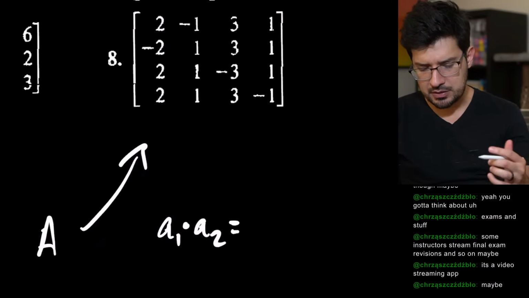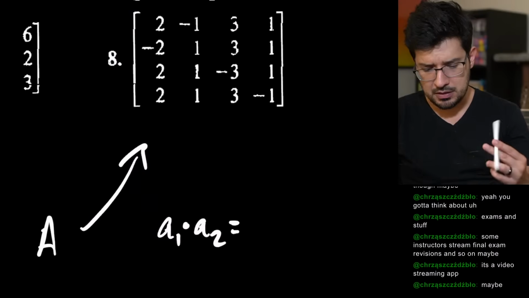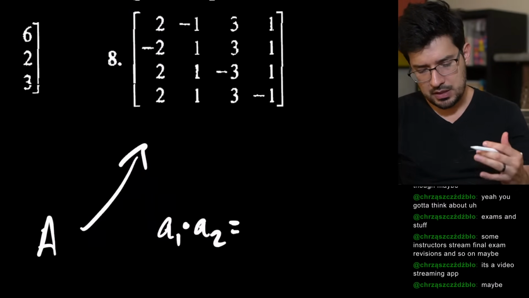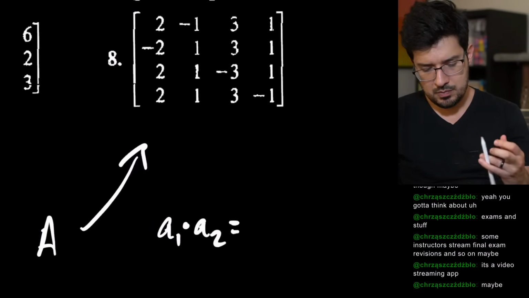The column vectors are, I believe, all orthogonal. So negative 2, negative 4, negative 2, 4, yeah. Yes.